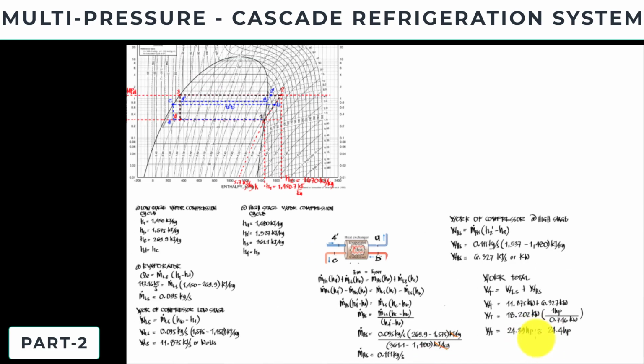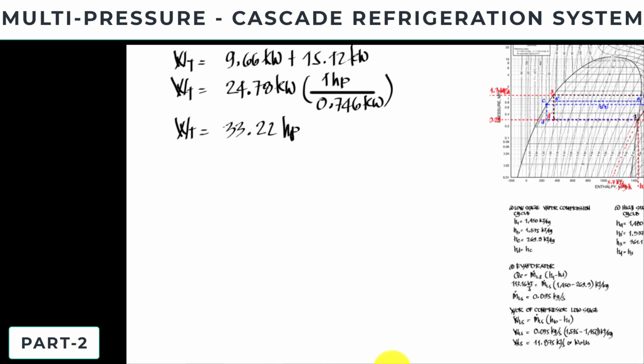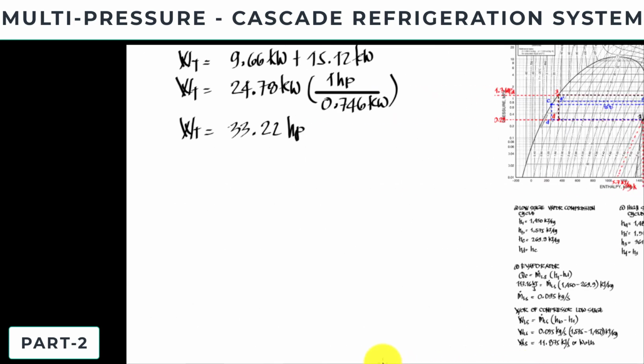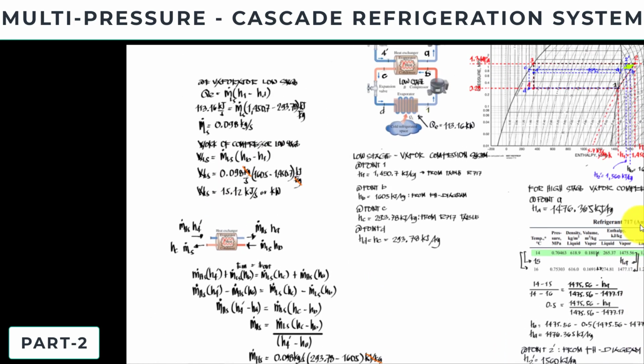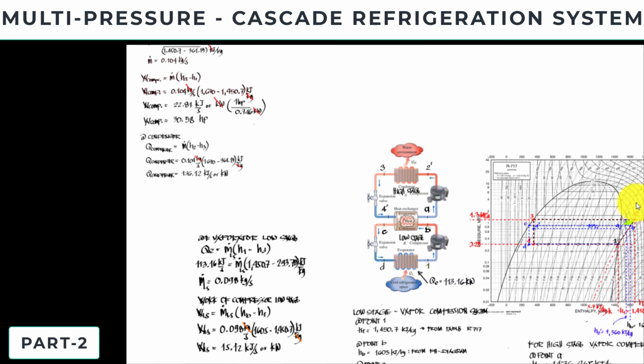If we compare with overlapping temperature, it shows there is no savings of work, and the previous value was 30.58 horsepower.